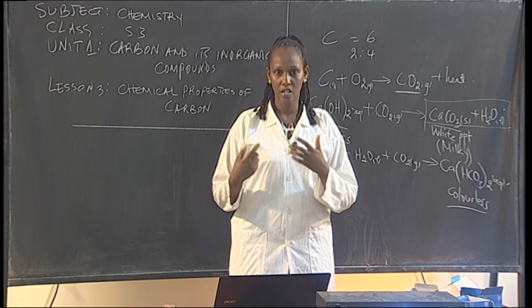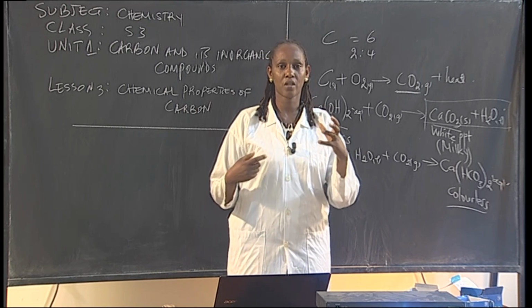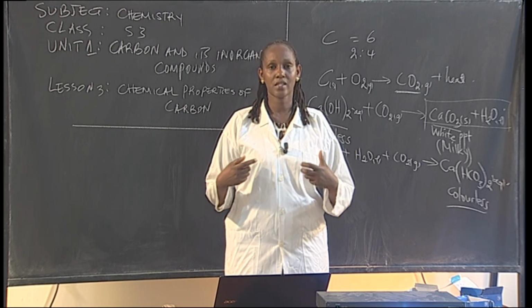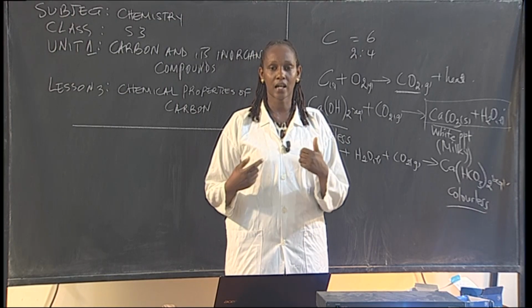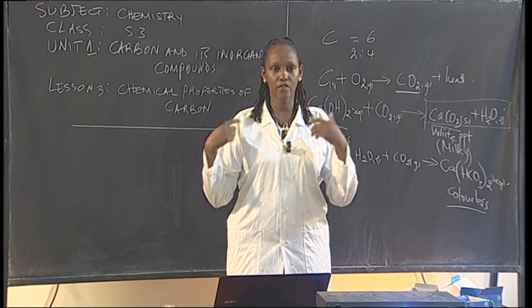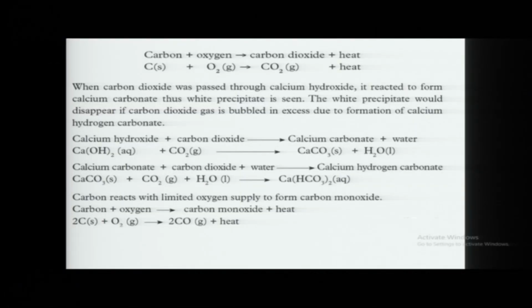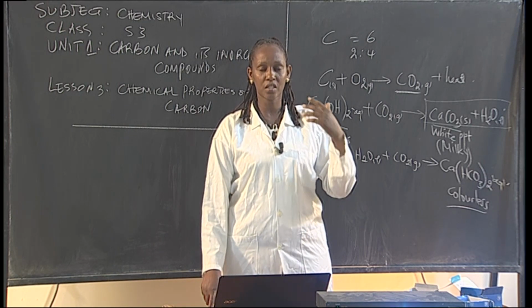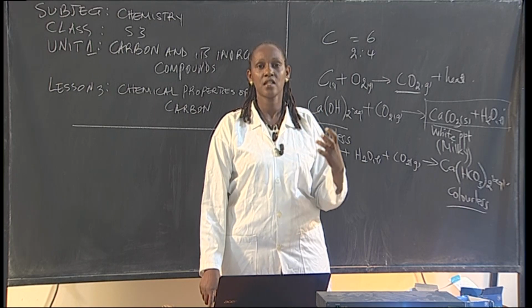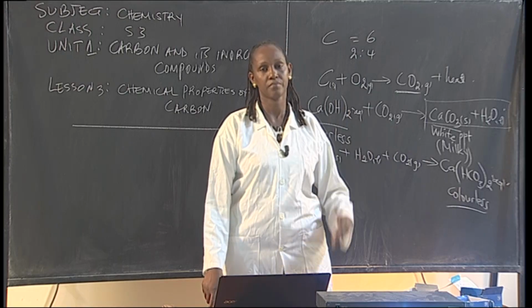When there is continuous introduction of carbon dioxide, the white precipitate will disappear and a colorless solution is again formed. That is under complete combustion. Complete combustion means that the carbon has reacted with enough oxygen.